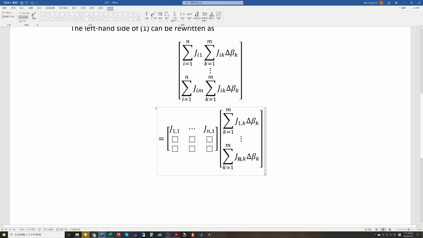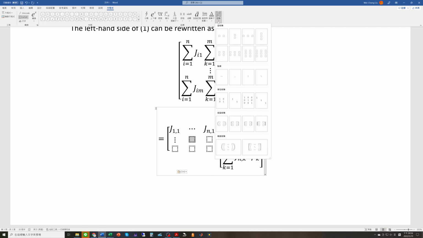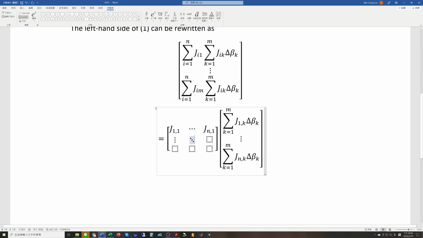Okay, let us go back to the first matrix. Let us input the vertical dots here, and here should be vertical dots, and here should be vertical dots. Okay, and for the last row of the matrix, the elements are capital Jim, where i is equal to 1 to n.